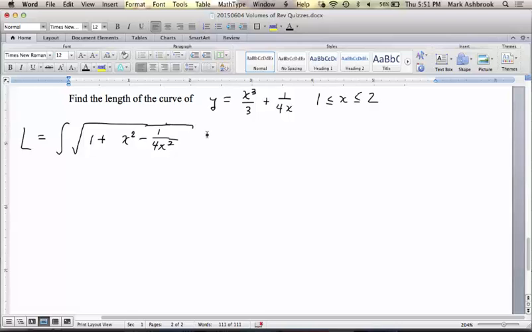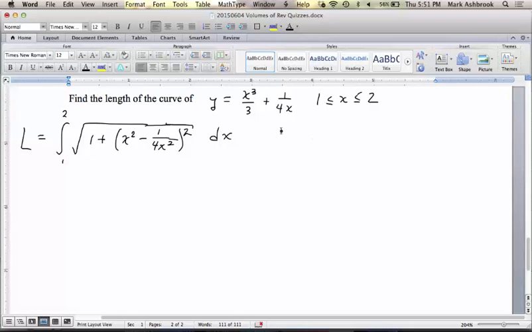Is that it? And that thing squared, right? The derivative squared. How do we do? Is it right? And we're going to do that from 1 to 2. Agree with the derivative and the setup? Agree with that? Okay, here we go.